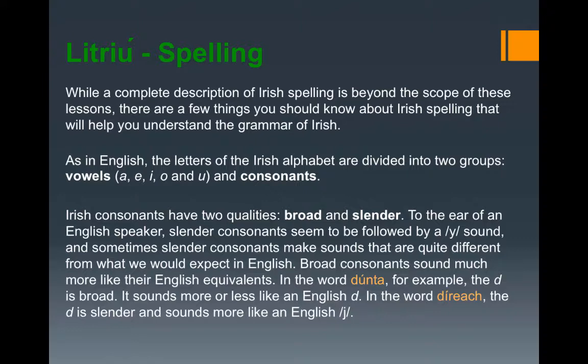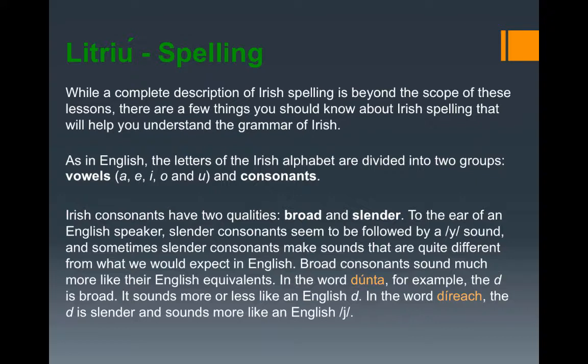To the ear of the English speaker, the slender consonants seem to be followed by a Y sound, and sometimes slender consonants make sounds that are quite different from what we are expecting in English. Broad consonants sound much like the English equivalent, like T, L, D.